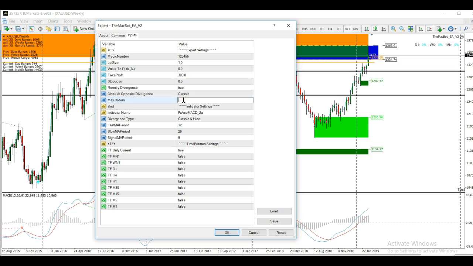Max orders will be 1. True. The signal time frames on this are going to be daily, 4 hour, and 1 hour.